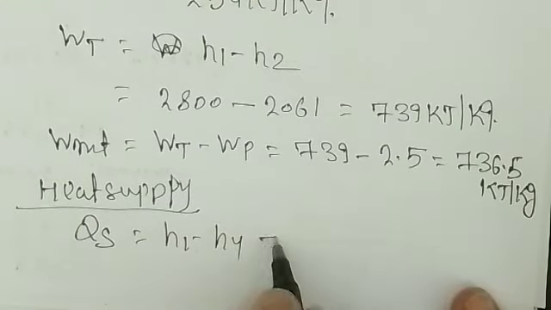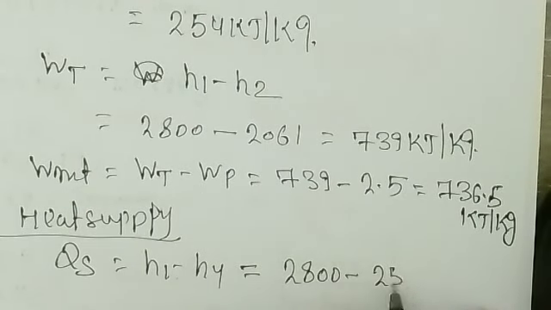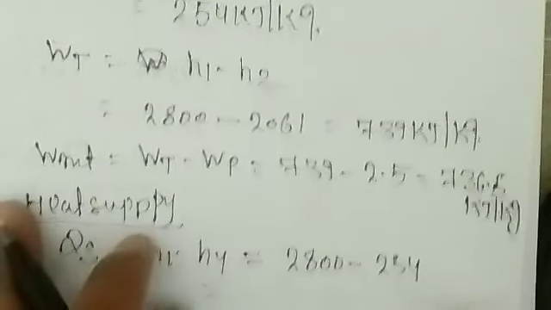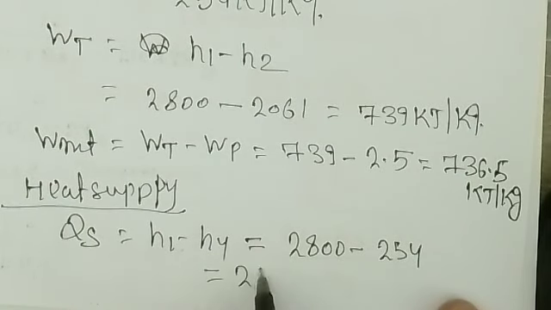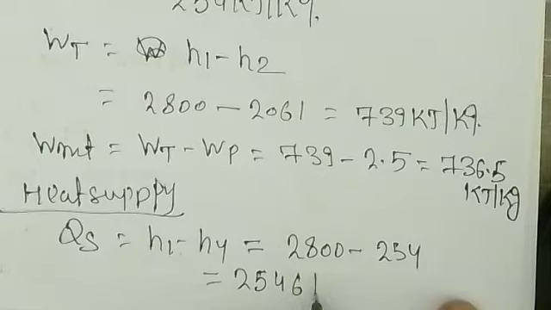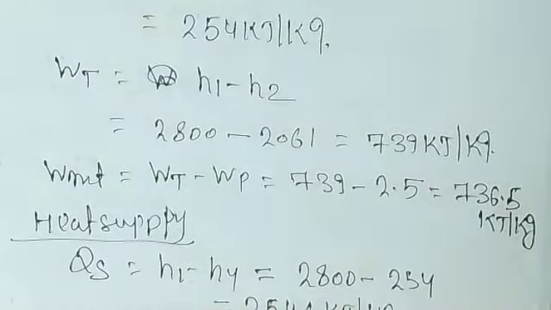Here H1 is 2800 minus H4, which you calculated, which is 254. What is the value? 2546 kilojoule per kg. Now we need to find out the thermal efficiency.